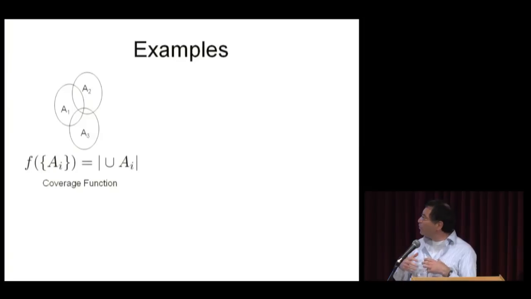If you want to see the value of the function on a set A, it's the number of elements in that set. If you want the value on A1 and A2, it's the union of the two. This is a submodular function because if you have more sets, the value of an additional set is smaller because it covers fewer extra elements.